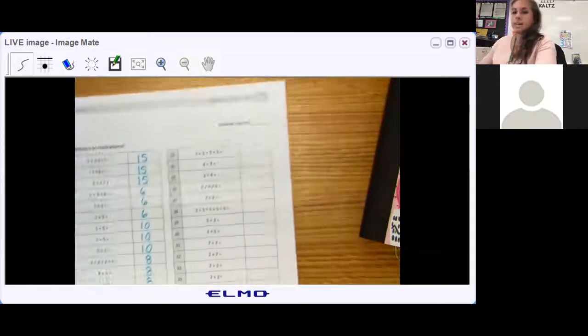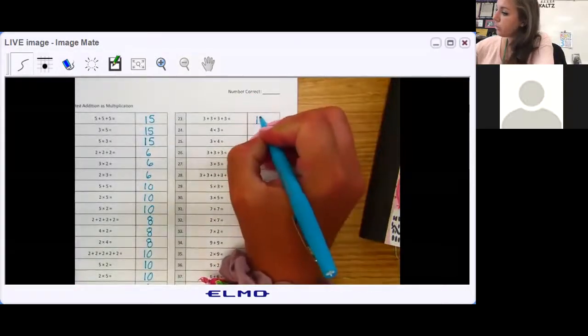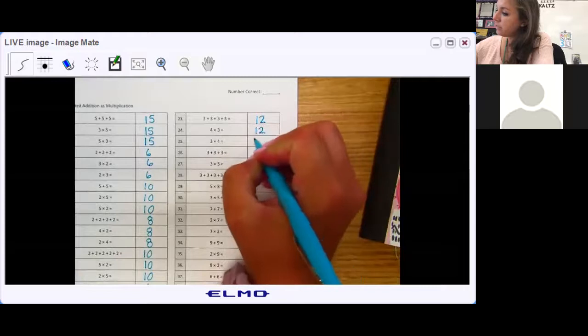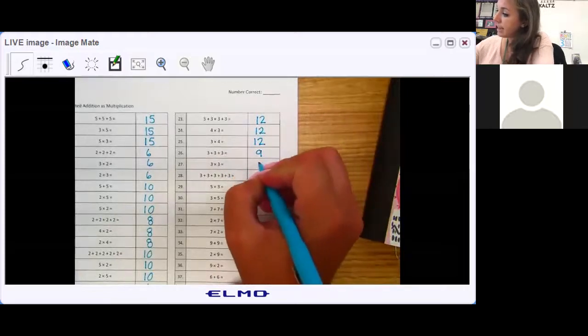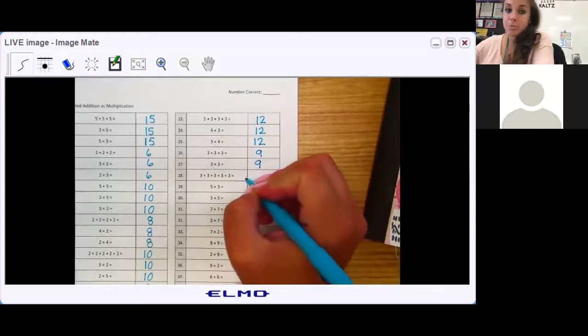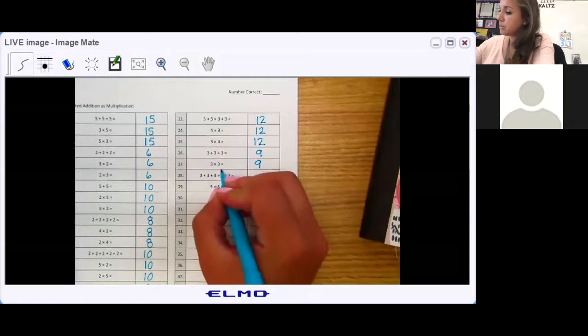Going up to the next column, 12, 12, 12, 9, 9, and then it jumps to a new problem. So there were only 2 here because if we switch 3 times 3, it's still 3 times 3.